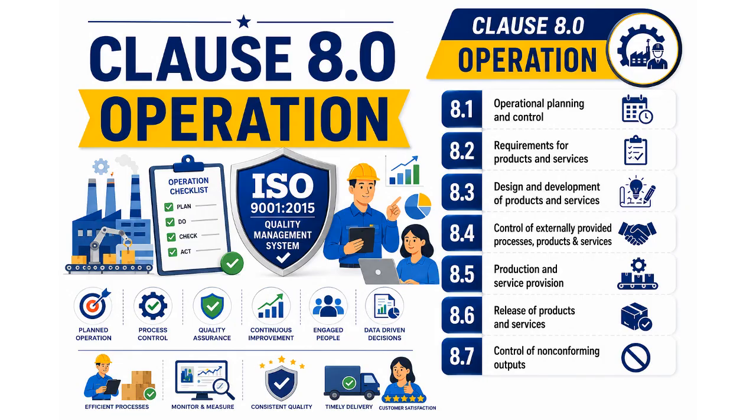Clause 8.4 manages control of externally provided product and services. Clause 8.5 controls production and service provision. Clause 8.6 ensures proper release of product and services. Clause 8.7 addresses control of non-conforming outputs. Together, these clauses create a strong framework for quality, compliance and continual improvement.